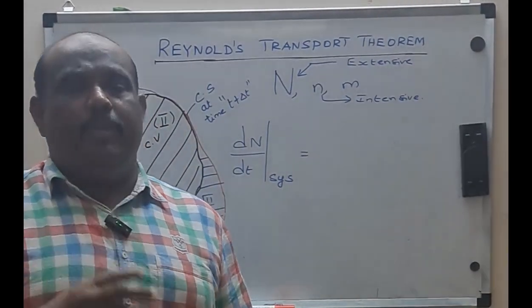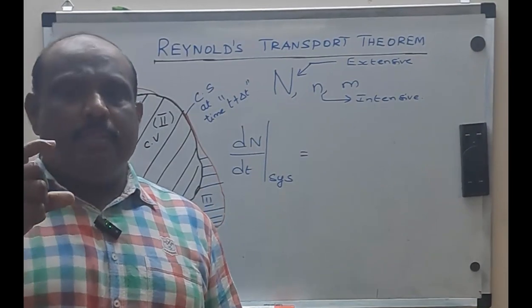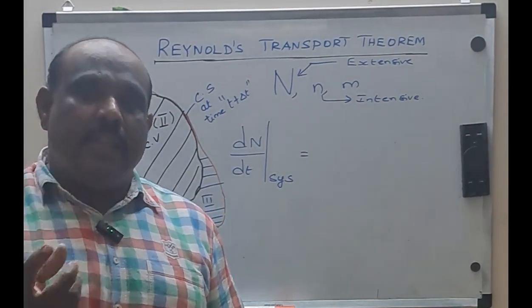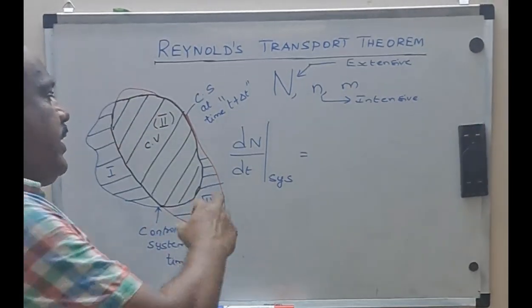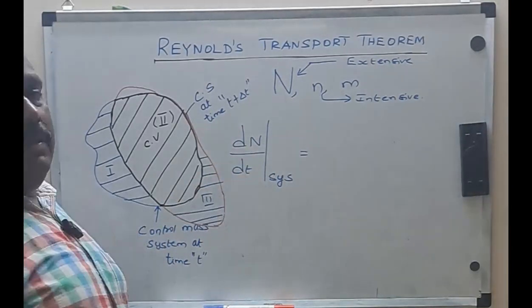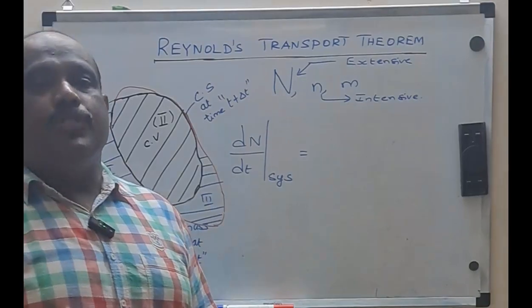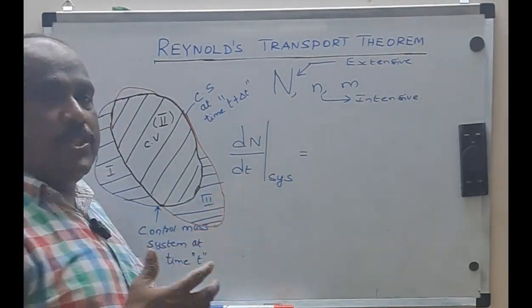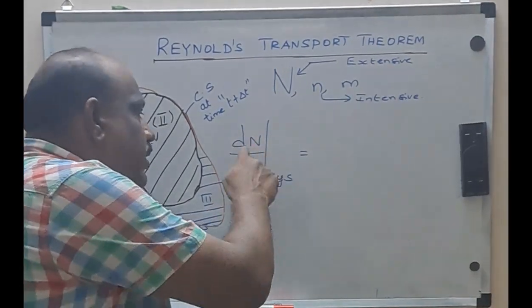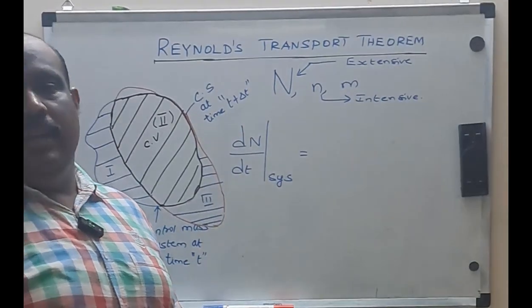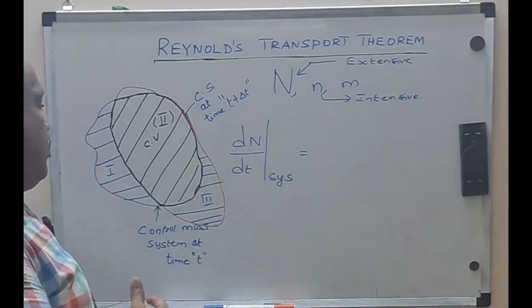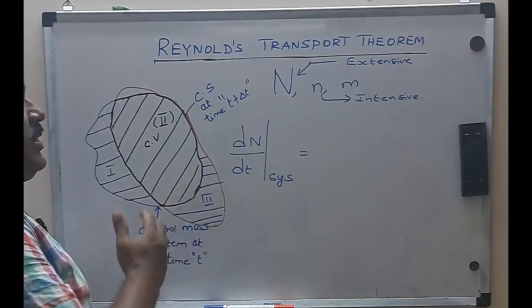Okay, so I will repeat it. First of all, when I am writing some mathematical expression, you should understand the physical meaning of it. So I have written here dN/dt of the system, or the control system, which is nothing but the rate of change. Anything divided by time is called a rate. The rate of change of which one? The extensive property of the control system when it's moving from time t to t plus delta t.